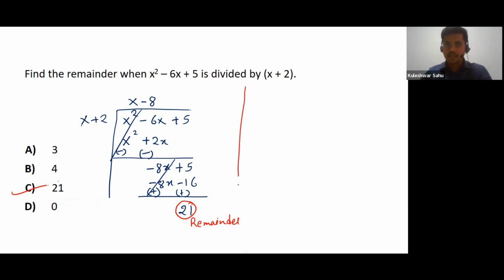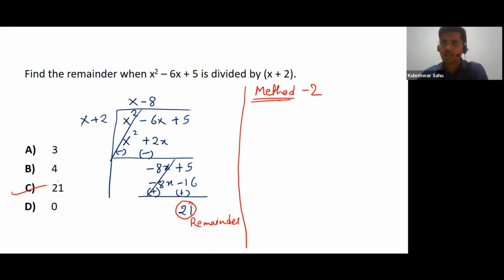There is one another method of finding the remainder. For that, we need to understand one simple thing. Now, since we are dividing x square minus 6x plus 5 with x plus 2, in order to find the remainder, if, for example, x plus 2 is a factor of x square minus 6x plus 5, so basically that answer will be 0.